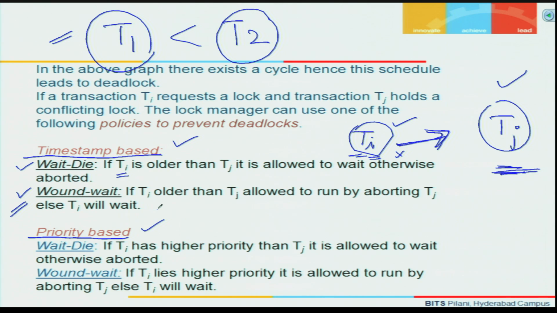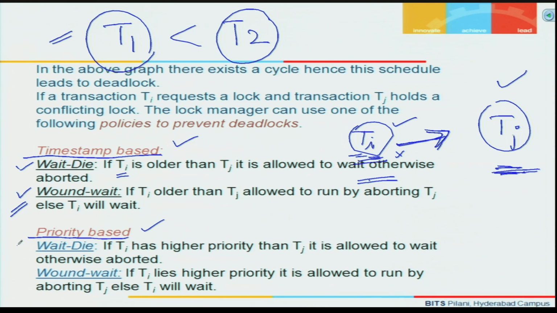Under this priority based protocol, if Ti, which is making a request for a data item locked by Tj, has higher priority, it is allowed to wait until Tj releases the lock on the data item. If it is not a high priority transaction, then it is aborted.